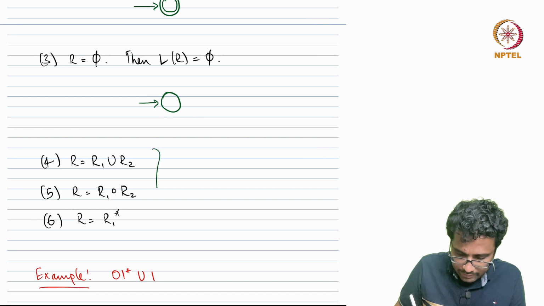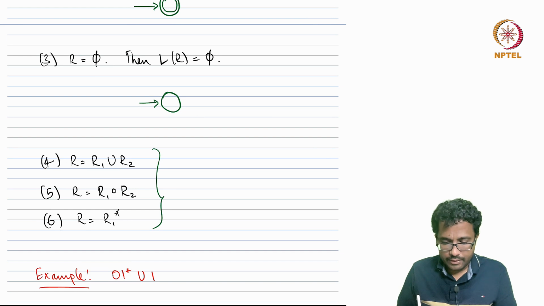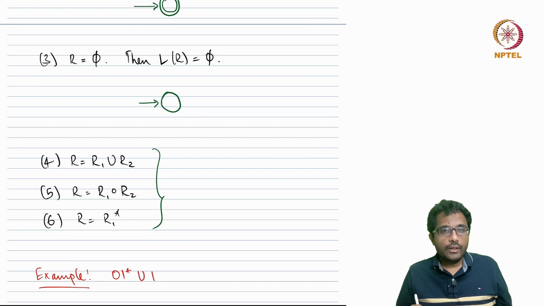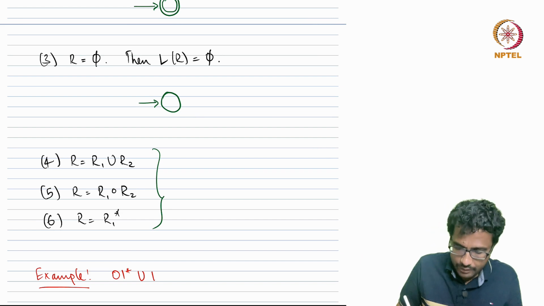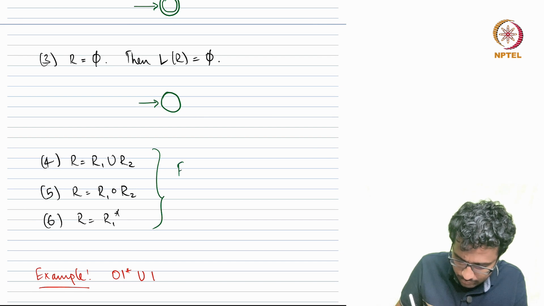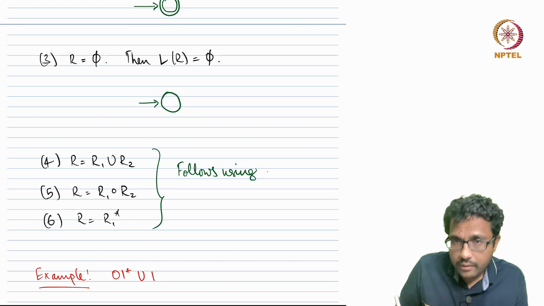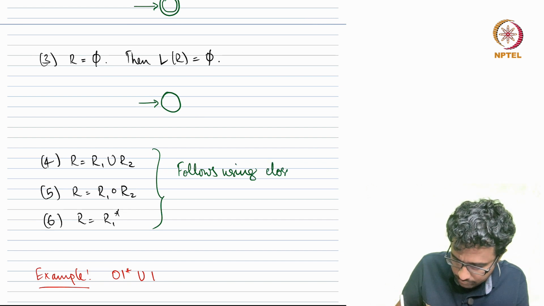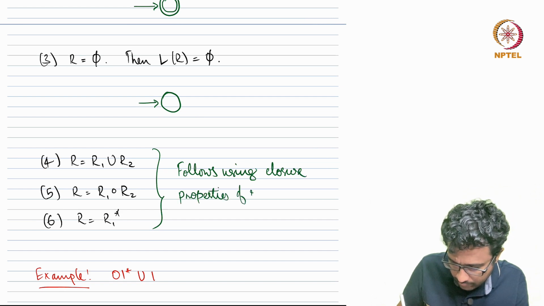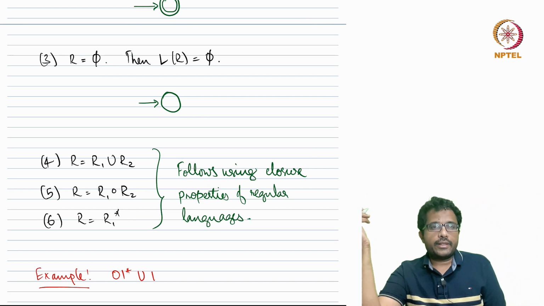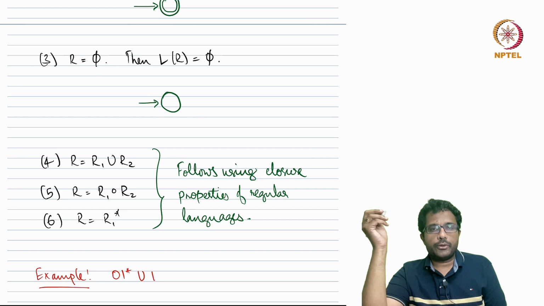So what do we do for this? The solution is the same for all of these. We have already seen that regular languages are closed under union, concatenation and star. So we can rely on the same thing here. Suppose I give you a regular expression R of the form R1 union R2.